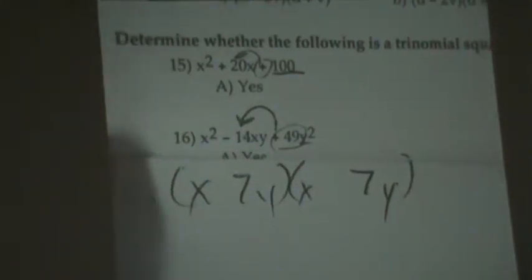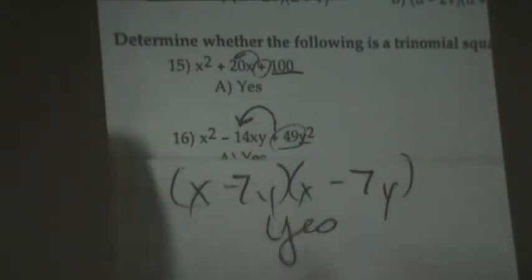So this is a yes. This part right here, you would have x and x. You'd have y and y. 49 is 7 times 7. Can you add those to get a negative 14? Yeah, if you put negatives, you can. So that is a yes also.